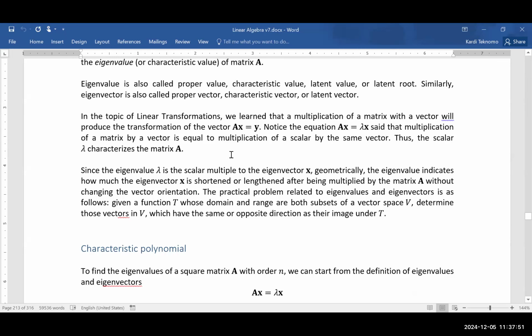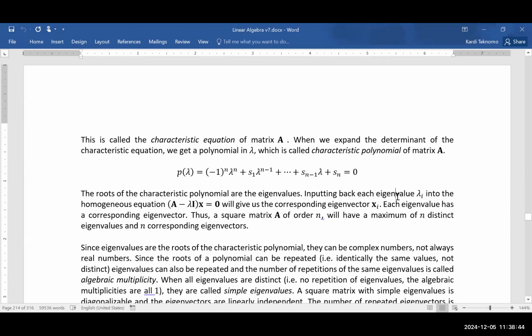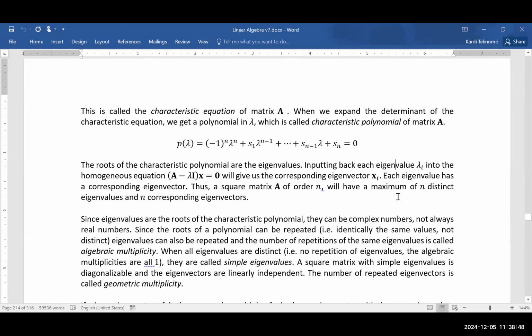And then you will get a polynomial equation in exponent n. Sounds complicated, but I gave you an example a while ago. 2 by 2, 3 by 3, of course exponent 3, and so on. Is it clear or no? This is the important part.